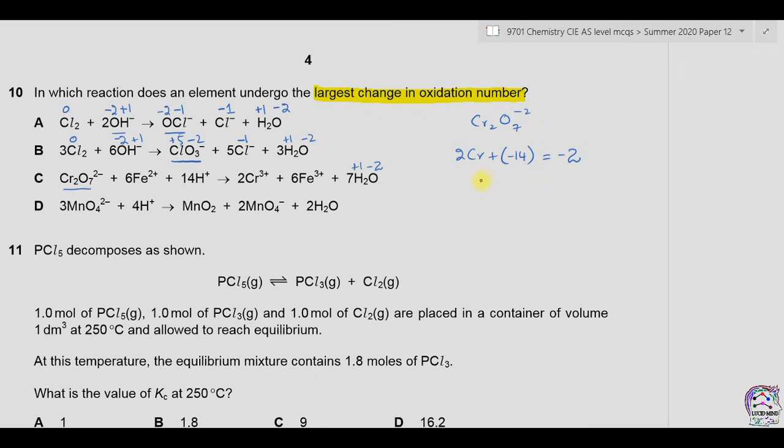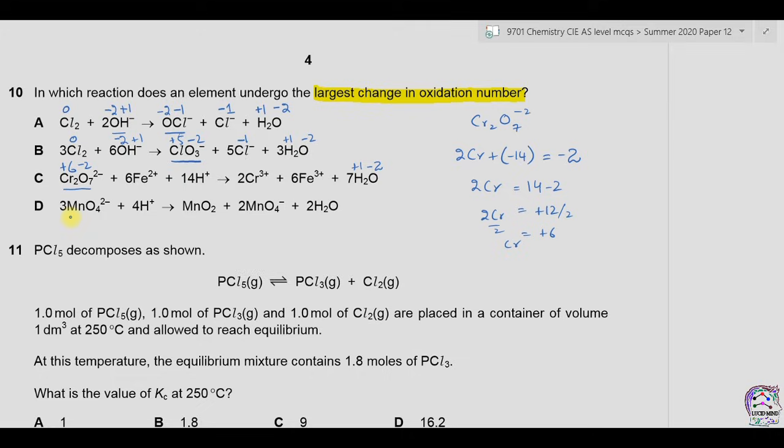Overall charge is -2. Now the charge on one chromium atom will be +6. So the oxidation state of chromium is +6, oxygen is -2, and the rest are given.